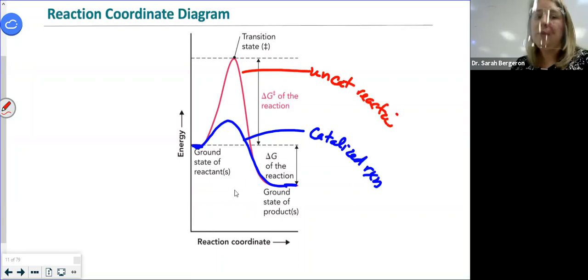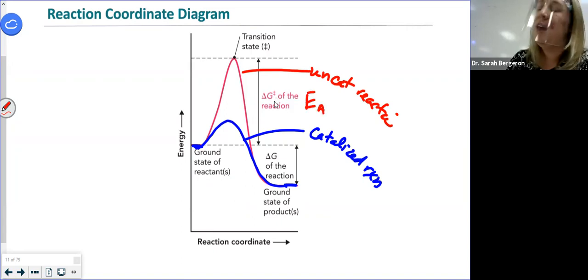right? So do you see this delta G double dagger? You probably know this as activation energy, EA, right? That's what most people use, but biochemists do it a little bit differently, and so you'll see it as delta G double dagger. But if we do that same thing for our catalyzed reaction, look at the difference, right?